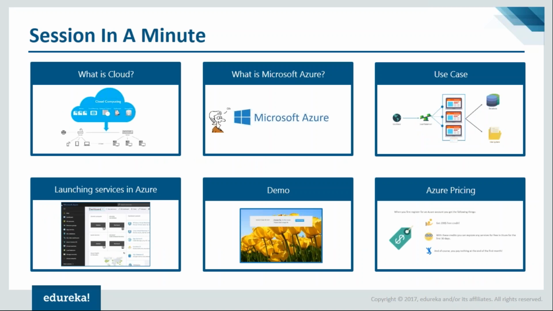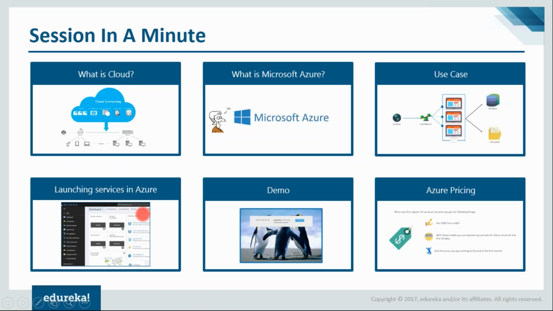So before ending it, let us quickly recap what all we did today. We saw what is cloud, and then we went on to see what is Microsoft Azure, right? And then we saw a use case in which we discussed a general architecture which can be implemented to any cloud platform. And then we also saw it in Azure. We saw the implementation in Azure, and we saw how we can launch these instances or these services in Azure.